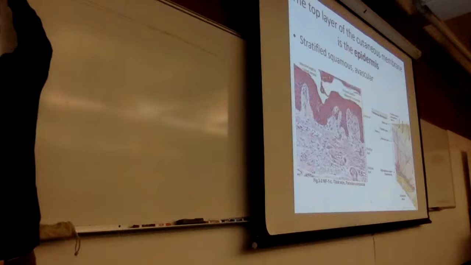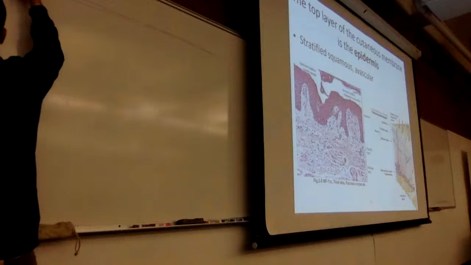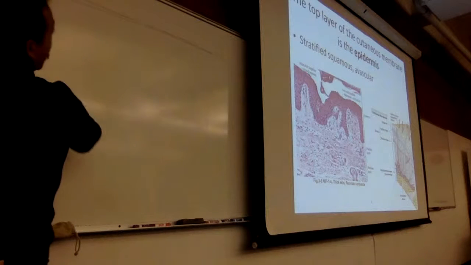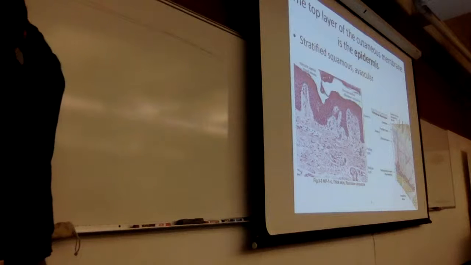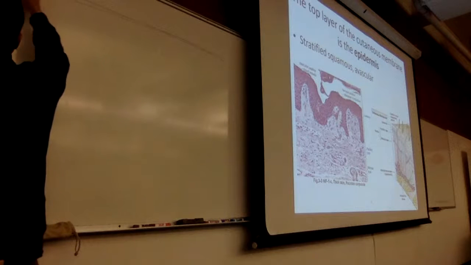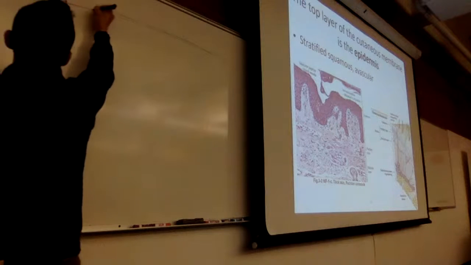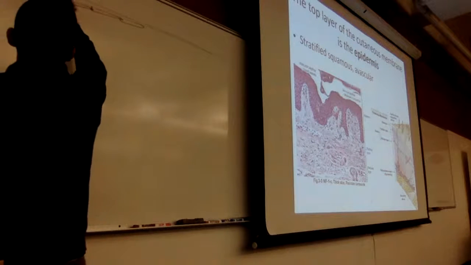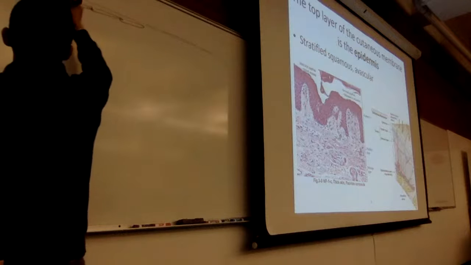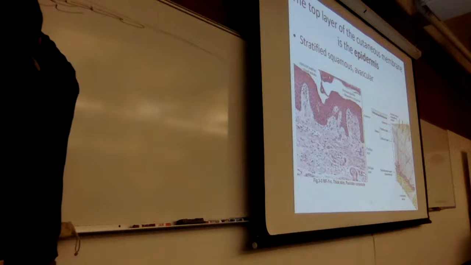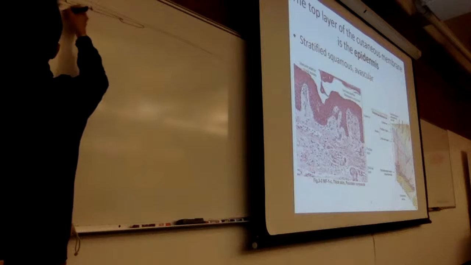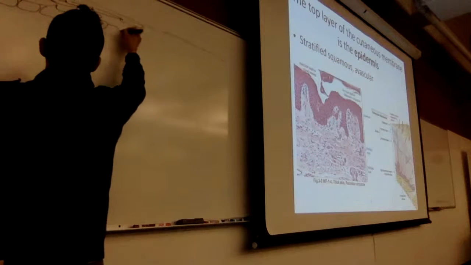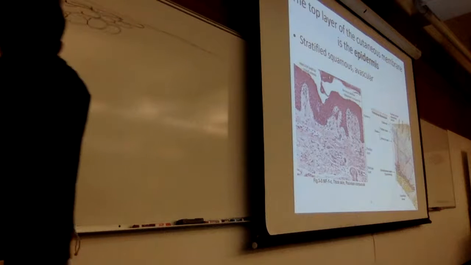Yeah, it's keratinized, stratified squamous epithelium. The top layers are the most flaky, and they're the flattest. As you go deeper, the cells get a bit bigger, so they start to look cuboidal. They're still considered stratified squamous, but they look thicker because they haven't dried out yet.